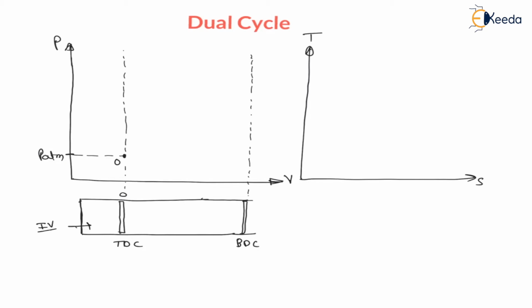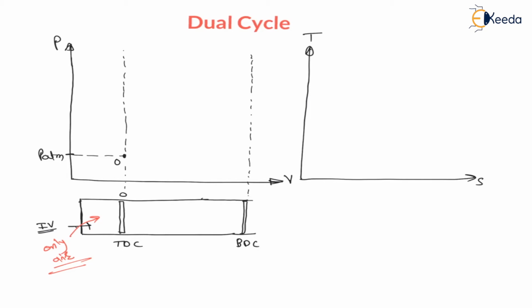Now the piston is moving from top dead center to bottom dead center. Hence there will be a suction stroke, and during this suction stroke only air is taken in, for the dual cycle, right? To maintain the inside pressure equal to atmospheric pressure, the outside air will go into the piston cylinder assembly.